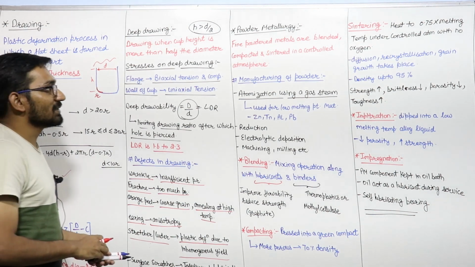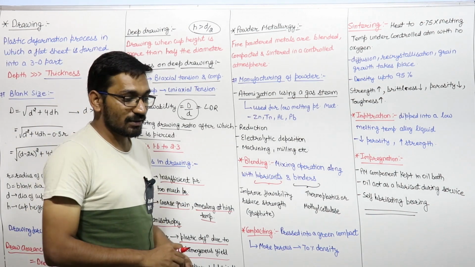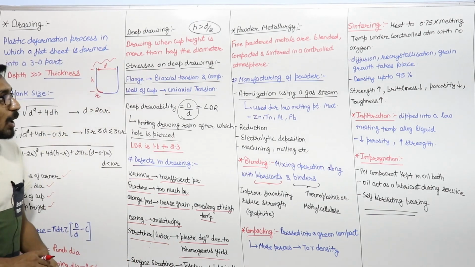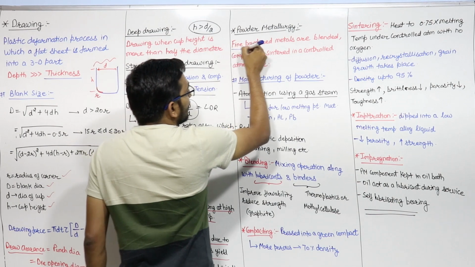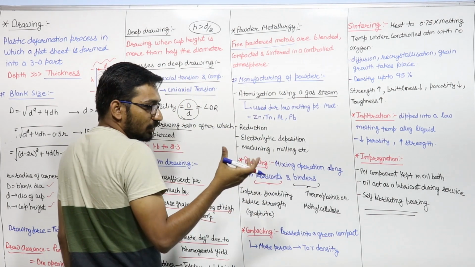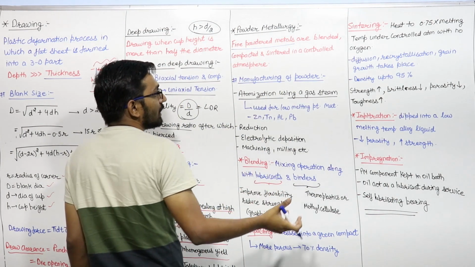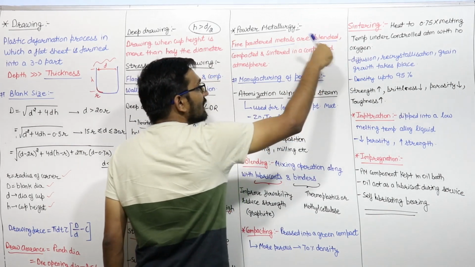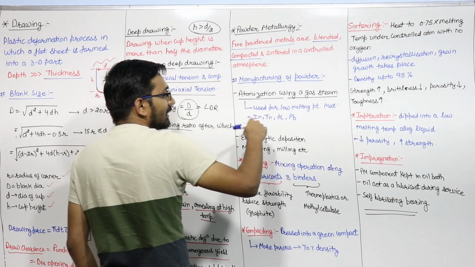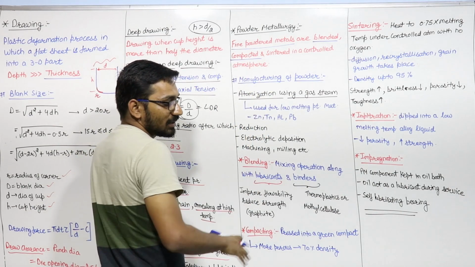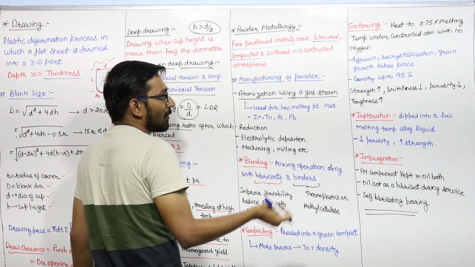Next process is powder metallurgy. This is an important topic for Coal India Limited. In powder metallurgy, you convert the metal into fine powder. They are blended, mixed with lubricants and binders, then compacted; we exert pressure on it and make a compact.